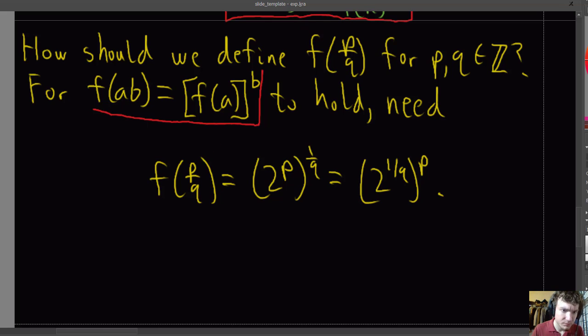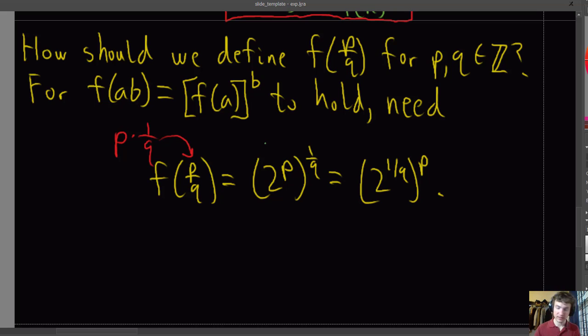So what do we have to do to make f of a times b equal to f of a raised to the power b? Well, to get that, we have to take this f of p over q, which of course is equal to p times 1 over q, right? That's the product of these two things. So I'm setting a equal to p and b equal to 1 over q. That has to be equal to f of a, which is 2 to the power p, raised to the power b, which is 1 over q.